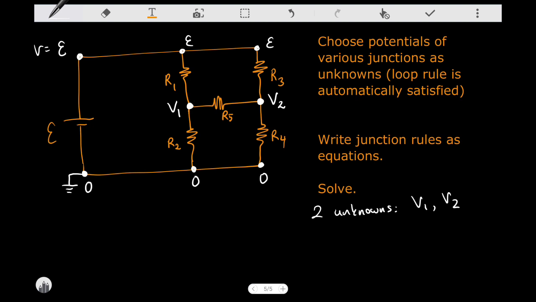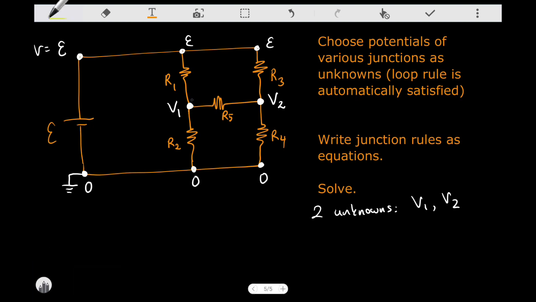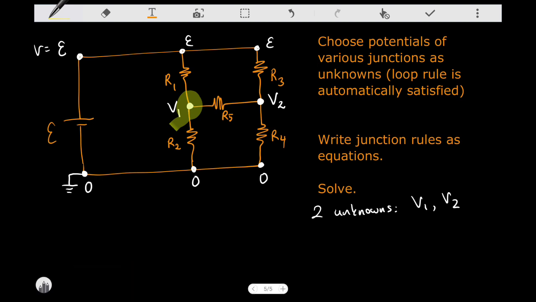I'm going to write down the first junction rule here at this junction, as an example. I can see that the current that's flowing through that branch, plus the current that's flowing through that branch, plus the current that's flowing through that branch, I can sum them up and equate them to be equal to 0.